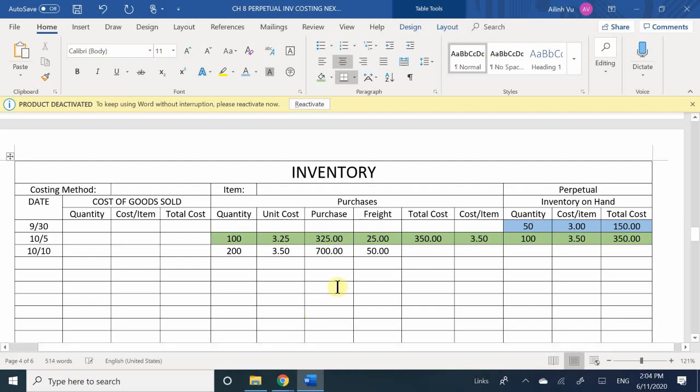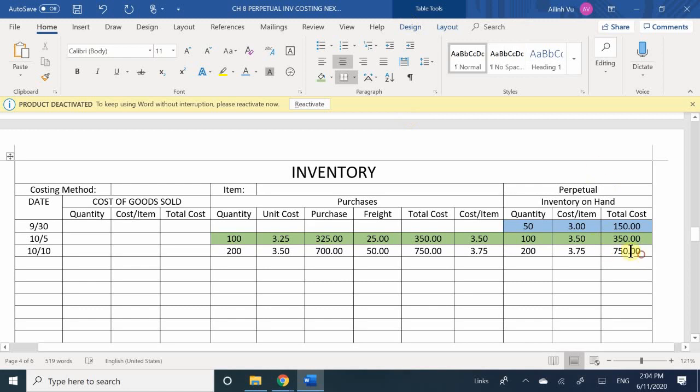750. And then 3.75. So what was it? 750, and each item was $3.75. $3.75 each, and that is actually correct. So 200. And what is this? 375, and it is giving me a total of 750 even.